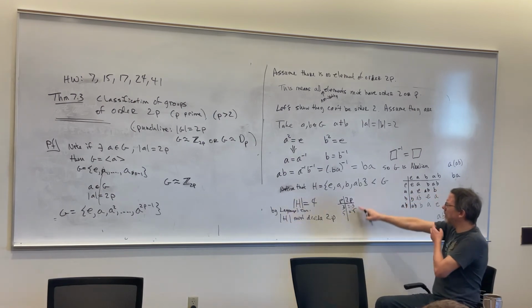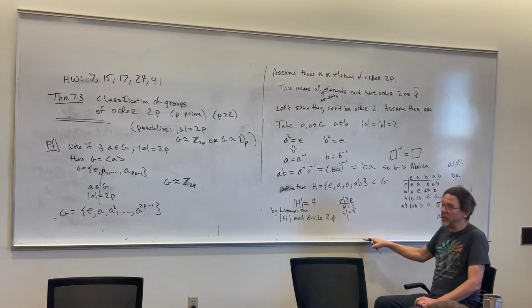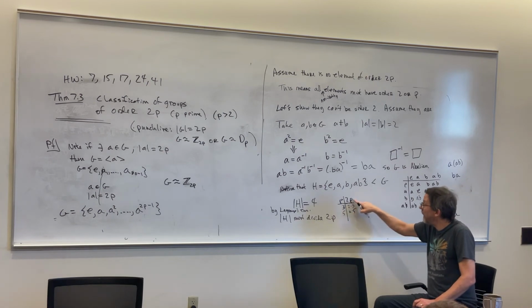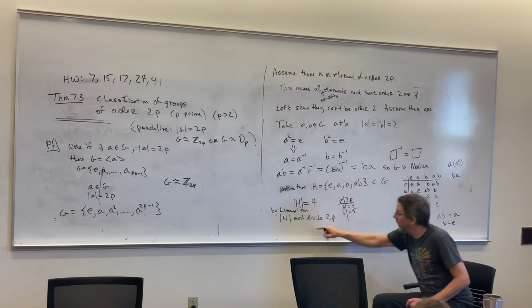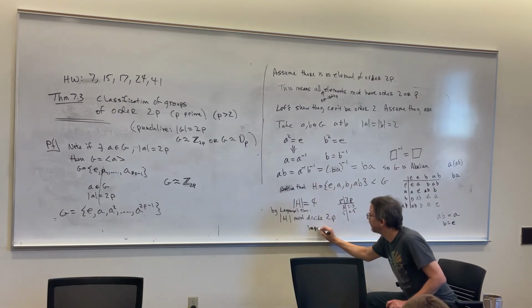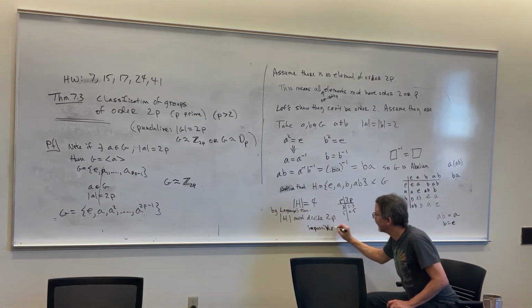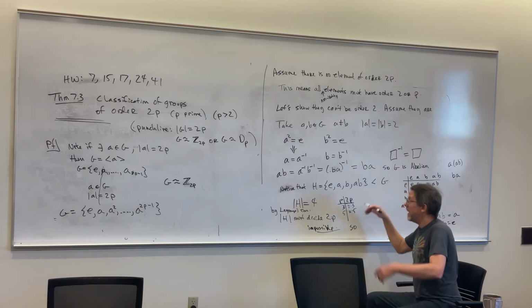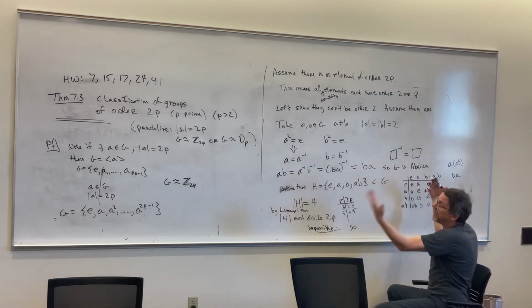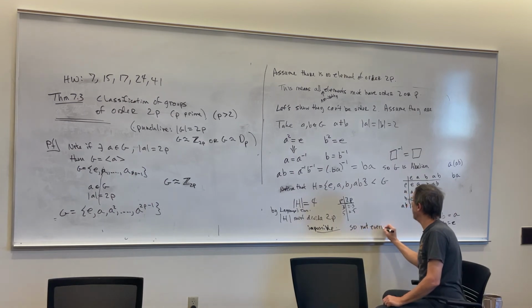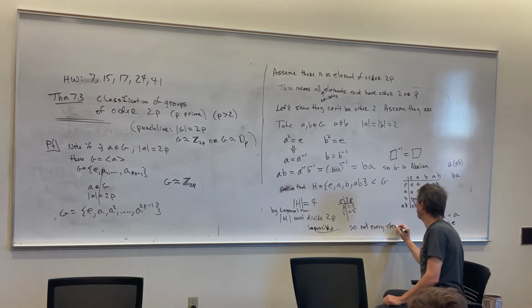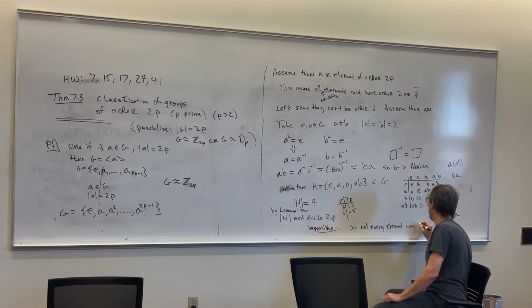Is this ever going to be divisible by 4? No, because I'd have to have p be a multiple of 2, and that's not a prime thing. So this is impossible. Cool. So not every element can have order 2.